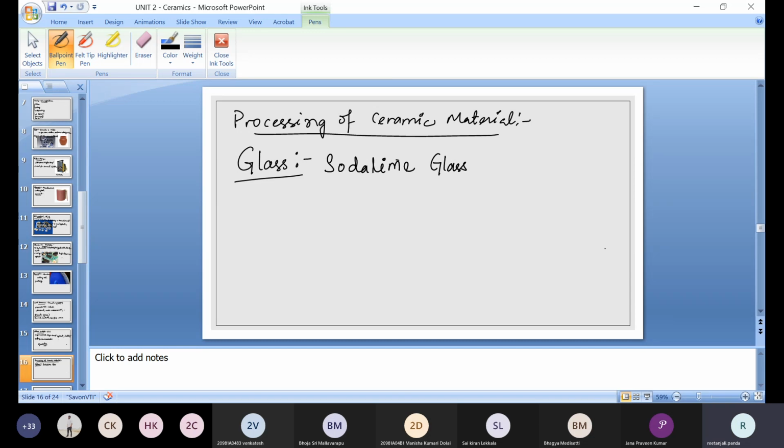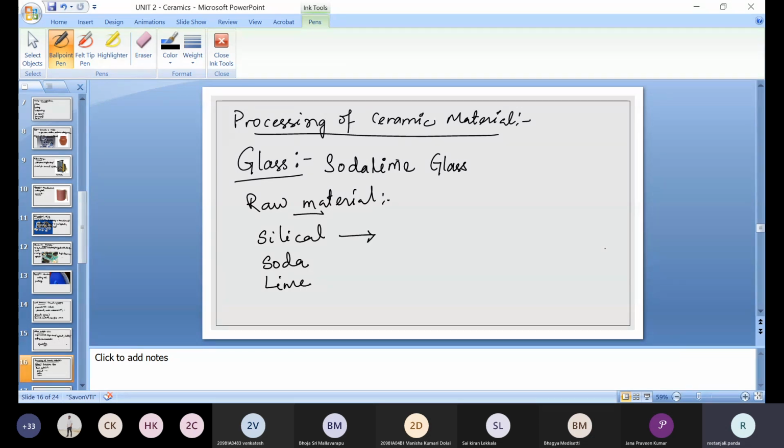Soda lime glass. Okay, for this soda lime glass, what raw materials will we be using? The raw materials are, first, silica, second, soda, and third, lime. That's why it is called soda lime. Now what exactly is silica?